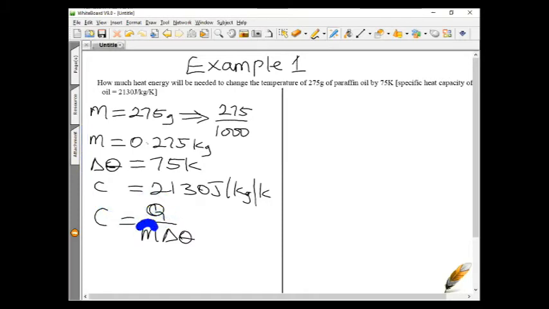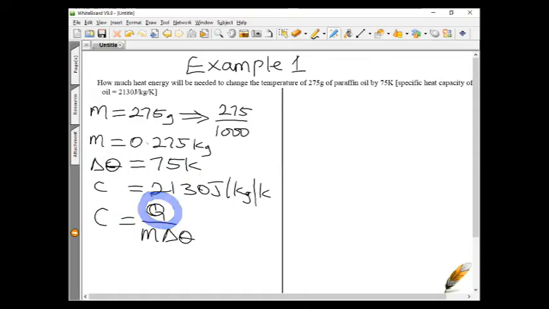What about the mass? We have the mass over here. Then the change in temperature, which is this. So only this Q, the quantity of heat energy needed, is what we don't have.